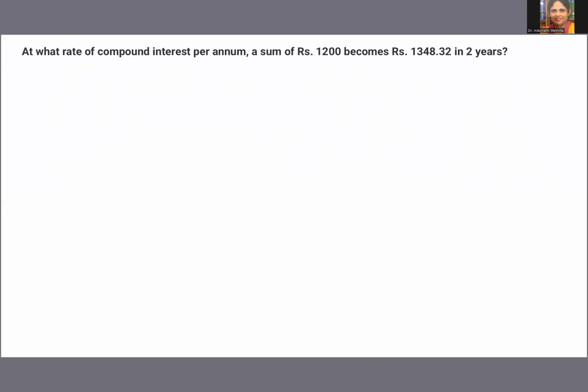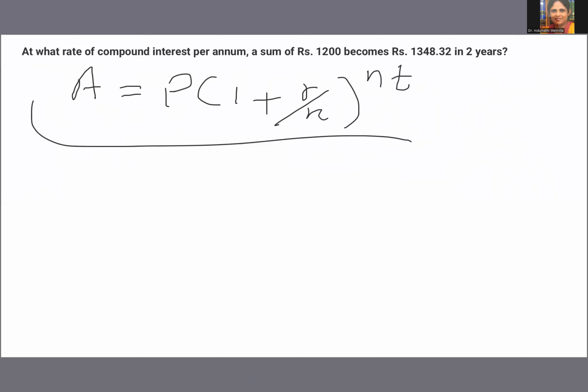We can get the time and compounded rate, right? Therefore for that, A equals P(1 + R/N)^(NT), right? This formula you can use when interest is compounded more than once a year.